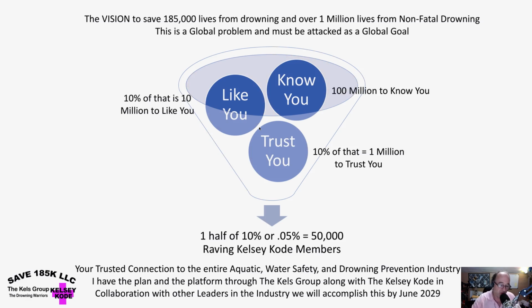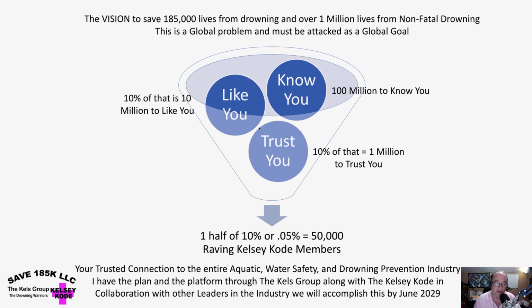When I say know you, basically they know your name or they know of you. It doesn't mean they know everything about you, but roughly 100 million people hear the message. If 10% of that, worldwide, like what we're talking about, that is roughly 10 million people. Then you break that down and look at 10%. These are rough numbers backed by marketing across different industries.